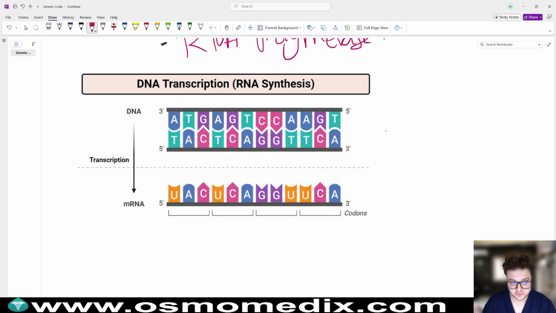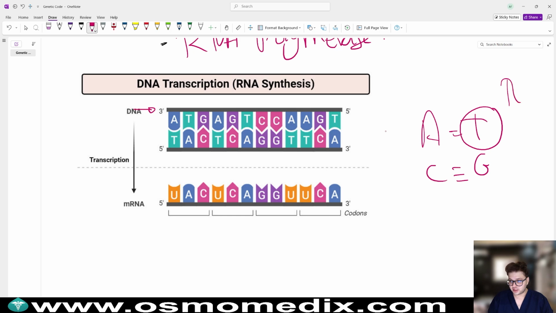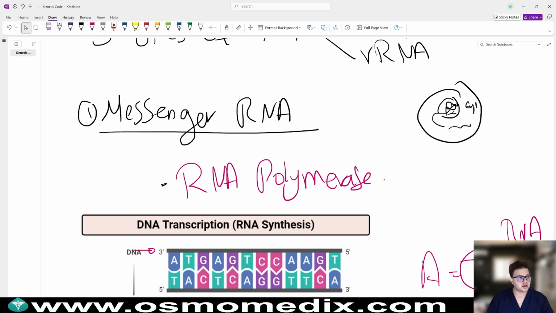You will use the 3 to 5, as we said before, to make the 5 to 3. So A will be U, T will be A, G will be C, and so on. As we said, A with T, C with G, and instead of T in RNA we use U. This is the whole game, using RNA polymerase.